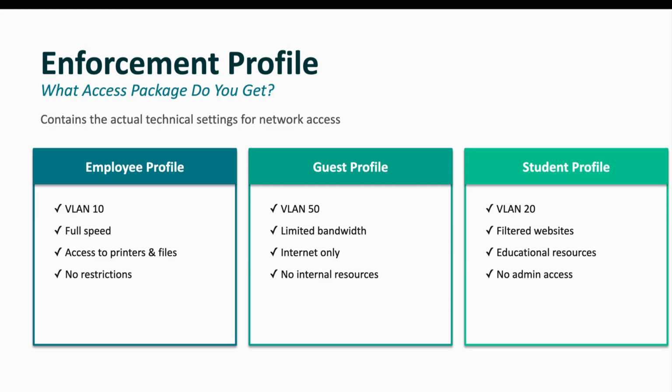Student profile: you will get VLAN 20, with only allowed websites and educational resources, no admin access at all. Each profile is like a pre-configured access package, ready to be applied based on your role.